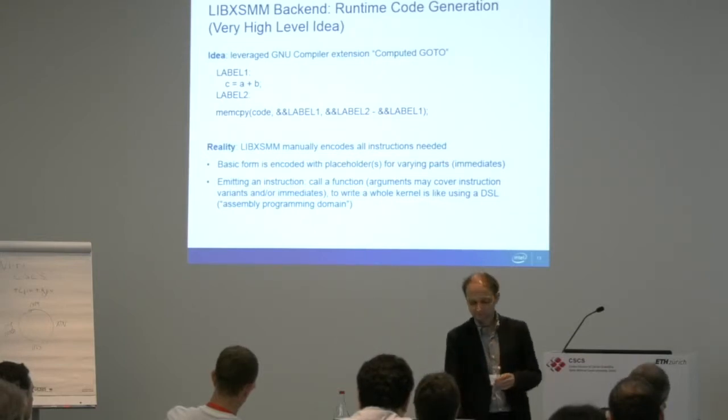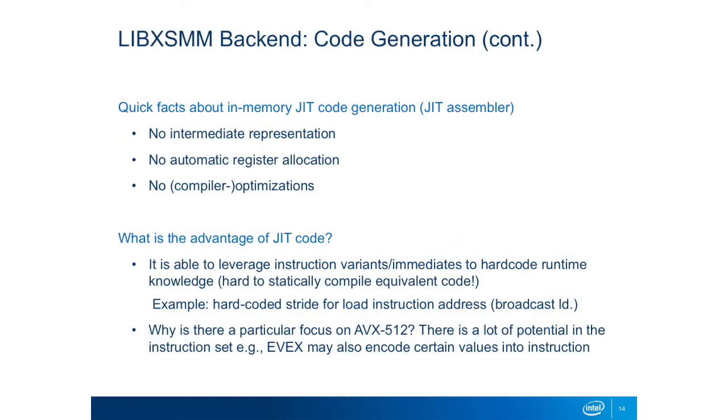That's the way it works. In summary, there is no intermediate representation, no automatic register allocation, no compiler optimizations, nothing. This is just writing code and encoding instructions. So to some extent it's very fast. To some other extent, you need to have someone writing that code, like assembly programming.